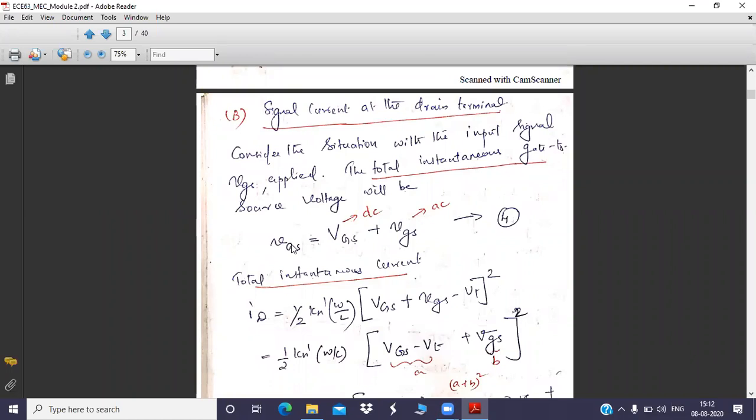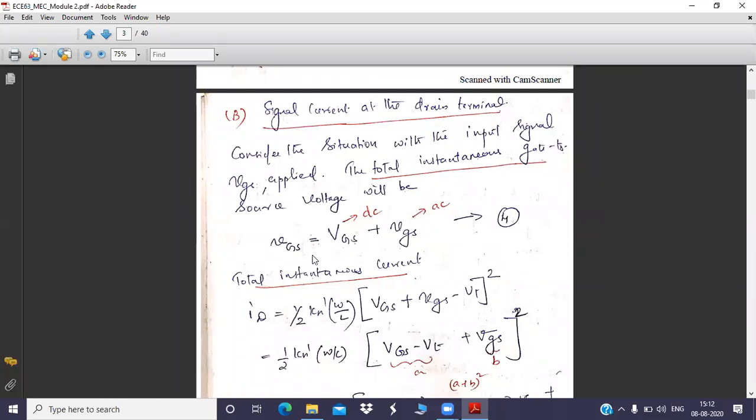So the total input voltage, which is the gate to source voltage, is a sum of pure DC voltage and pure AC voltage. Pure DC voltage is represented by capital VGS, and pure AC is represented by small letter vgs. So the sum of these two is the total instantaneous vGS.